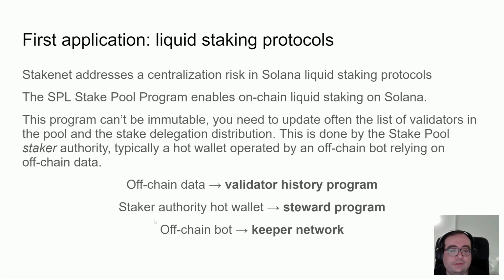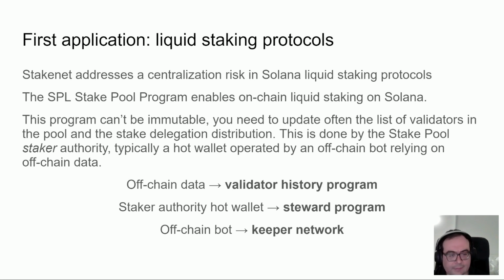Stakenet improves these three components. You go from off-chain opaque data to a more transparent validator history program based on on-chain data, where you will have on-chain the information on validator performance and on who these validators are. So these things will be on-chain, and people will be able to see what data is being used, what the delegation strategy is, and so on.